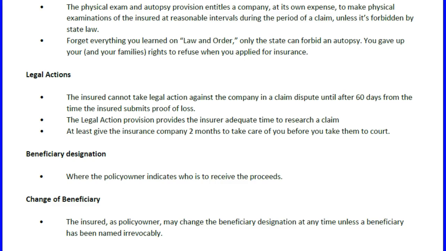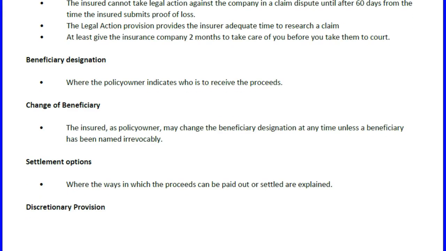They have 15 days to send you the claim forms. Payments must be made immediately, but you can only take legal action after 60 days. At least give the insurance company 2 months to take care of you before you take them to court.